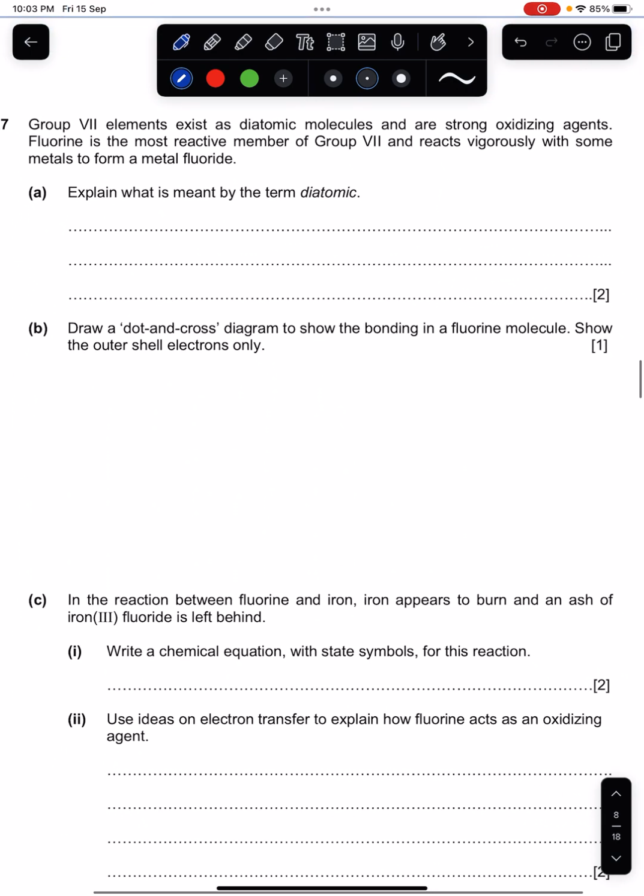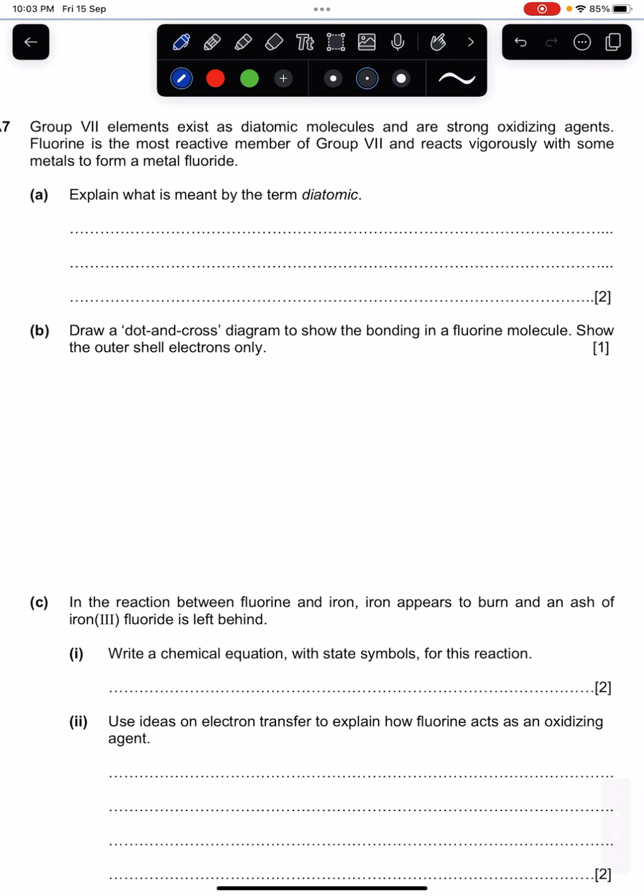Okay, what does it mean by the word diatomic? And you notice a lot of lines and it's 2 marks here. So first and foremost, diatomic, literally di means 2 atom. So these 2 atoms are together. So I will say that it is actually a molecule with 2 atoms.